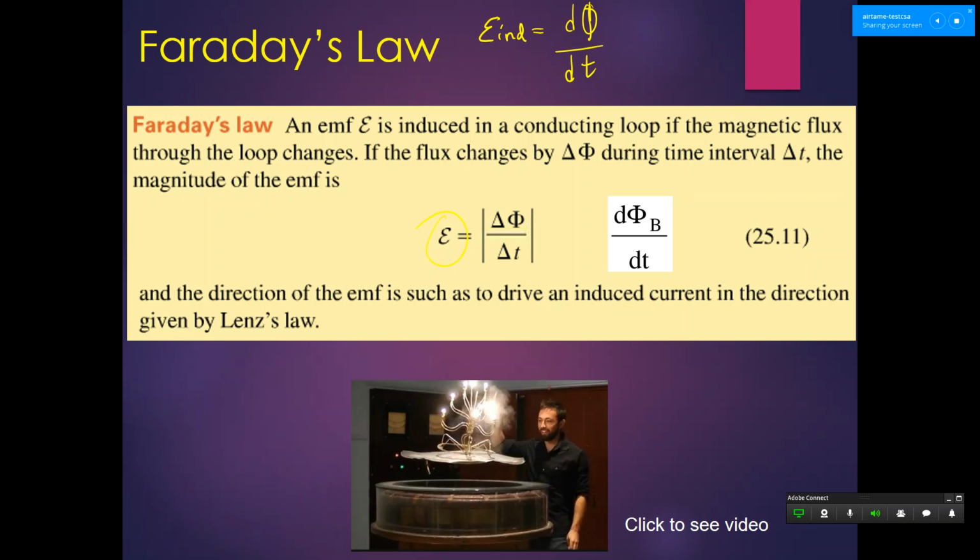The derivative of the magnetic flux as a function of time is going to be equal to that electromotive force, that voltage that you're producing. That's Faraday's law. The direction of that voltage, though, we're going to determine using Lenz's law, and I'm going to talk to you guys about that later, closer to the end of today.